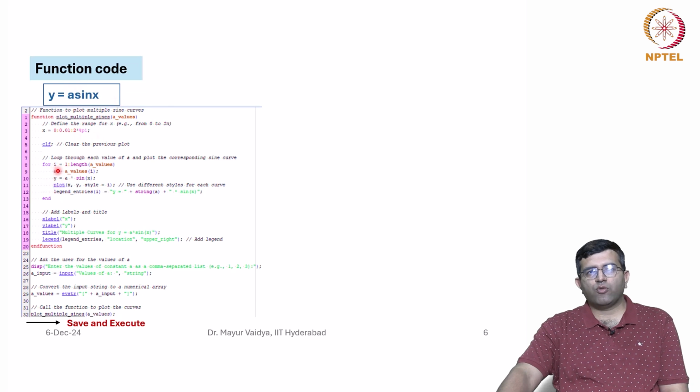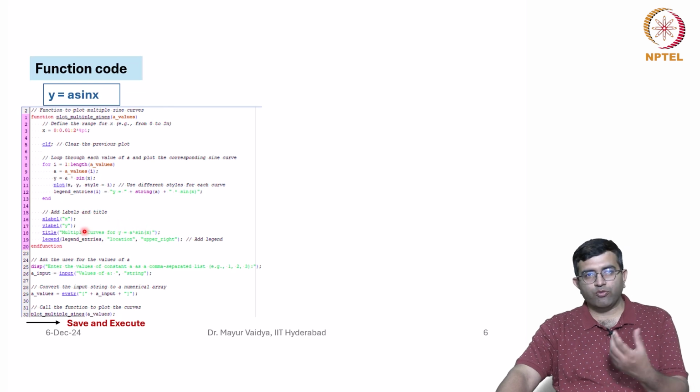So you can see for y, i is equal to 1 to the number of a values, for each value y is calculated as a sin x. And now the plot x comma y is given, and use a different style for each curve is what is indicated. You do not need to really memorize all this, you can just copy paste in your graphs. Sometimes you are free to change though.